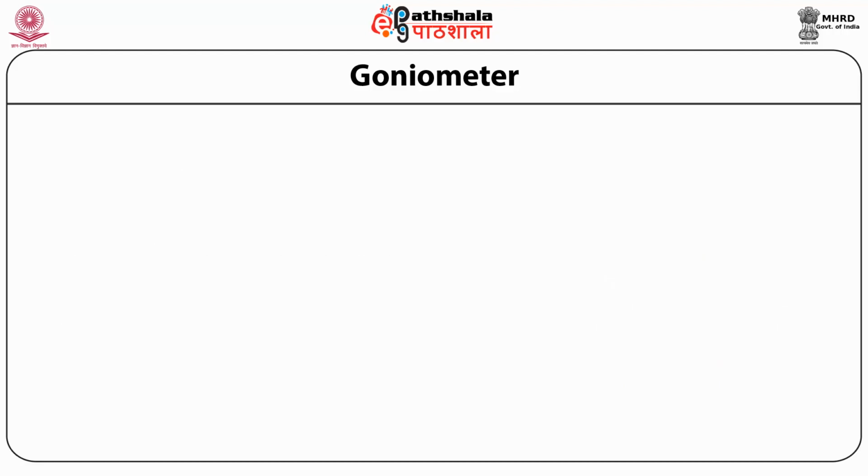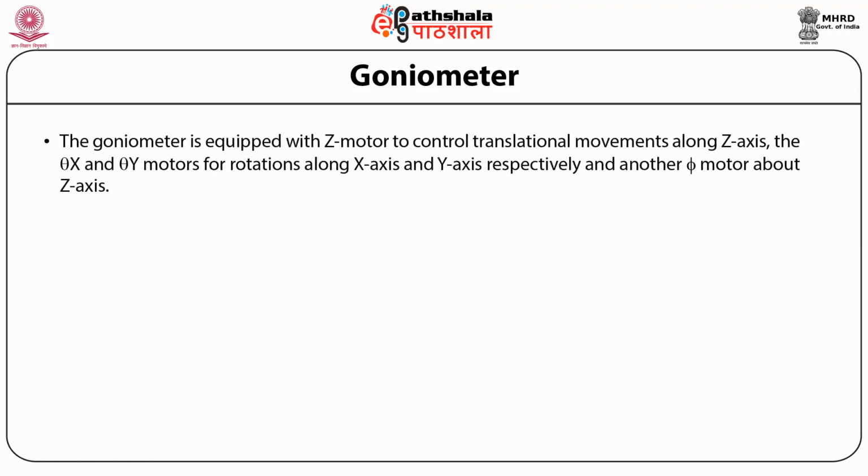As shown in the figure, the goniometer is equipped with a Z-motor to control translational movements along the Z-axis, and theta x and theta y motors for rotations along the x-axis and y-axis respectively.